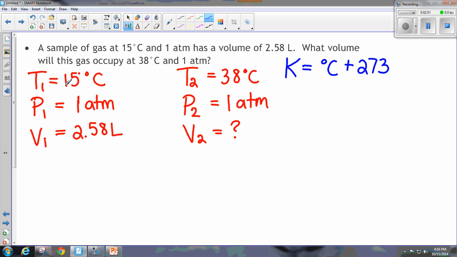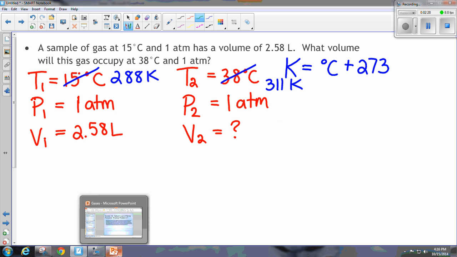So my 15 degrees Celsius becomes 288 Kelvin, and my 38 degrees Celsius becomes 311 Kelvin. So that's the first thing I do, convert my temperatures.